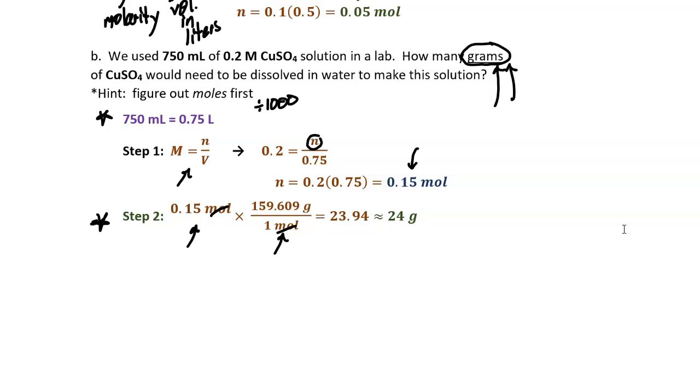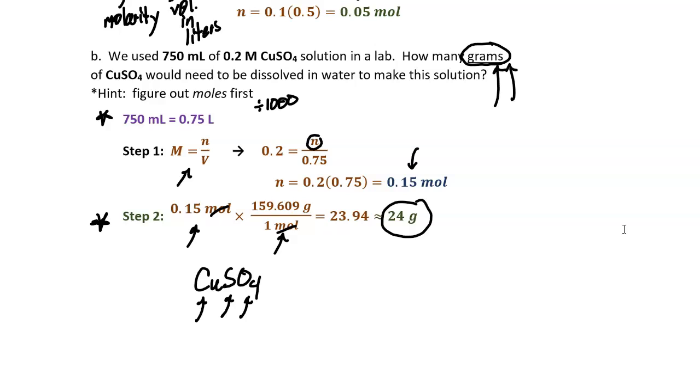That is the weight of copper sulfate using the periodic chart. You look up how heavy copper is, look up how heavy sulfur is, and how heavy 4 oxygens are, and you add that up, and that's 159.609. On a calculator, the answer is 24 grams after you round it.